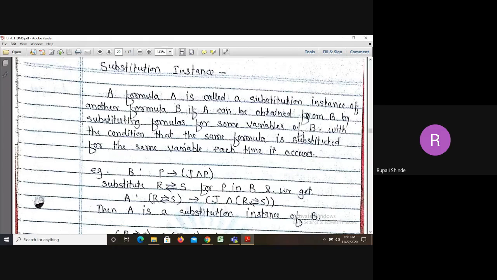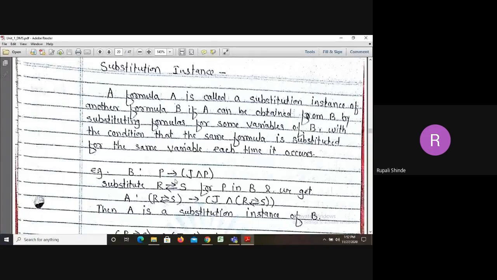Look at this formula. What is our formula B? P conditional Q and P. Here P is repeated twice, and we have decided to replace this P by R biconditional S. Then we have to replace both the P's by using the same formula, that is R biconditional S. After replacing, what formula do we get?